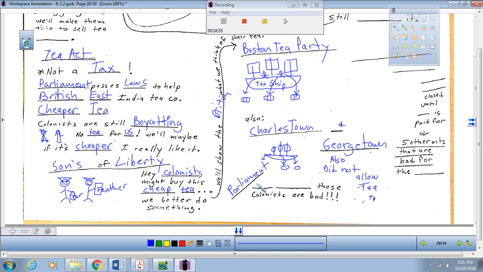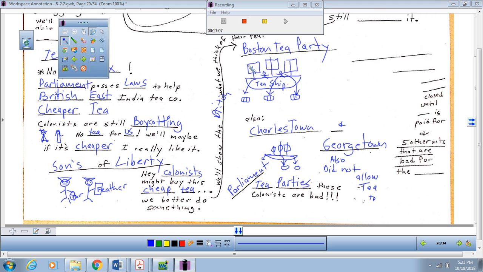So in Parliament, they're pretty much thinking, tea parties, these colonists are bad. We have to do something to punish the colonies. And what they passed, the result of the Boston Tea Party, was what's known as the Intolerable Acts.